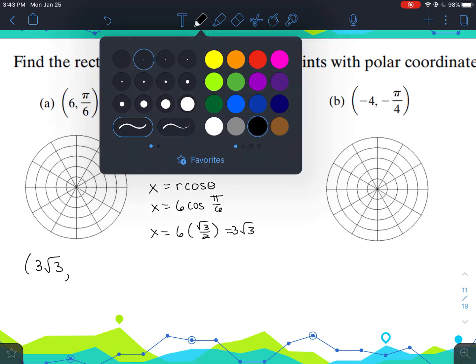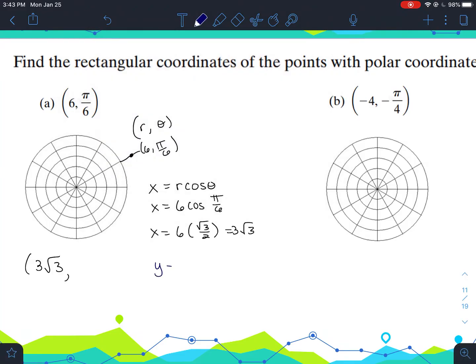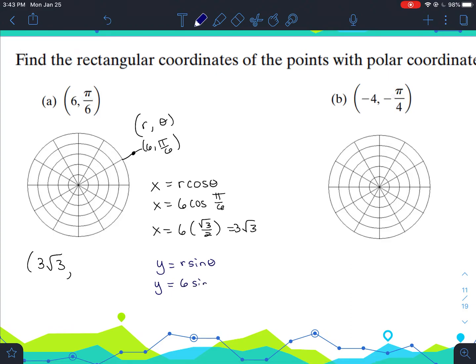And then to find y, you do y equals r sine theta. So the y coordinate is going to be 6 times the sine of pi over 6, which is 6 times 1/2, which is 3. So that point in rectangular coordinates, if I put a rectangular coordinate plane over my polar coordinate plane, would be 3 square root 3, comma 3.